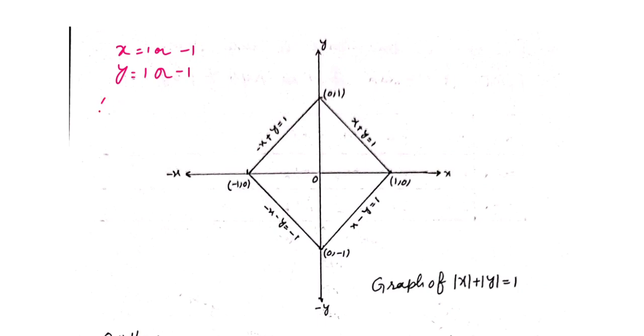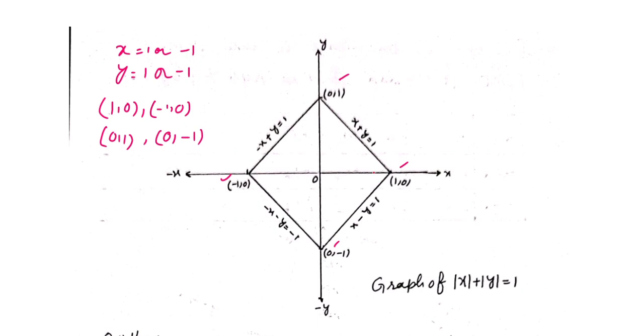So there are 4 types of intercept: (1, 0), (minus 1, 0), (0, 1) and (0, minus 1). This is my first intercept (1, 0). This is my second intercept (0, 1). This is my third intercept (minus 1, 0) and last is (0, minus 1).